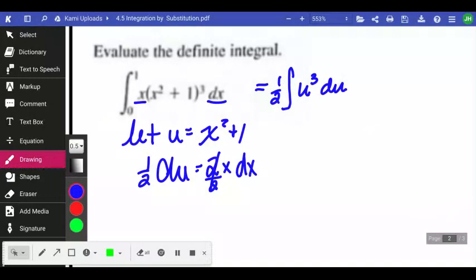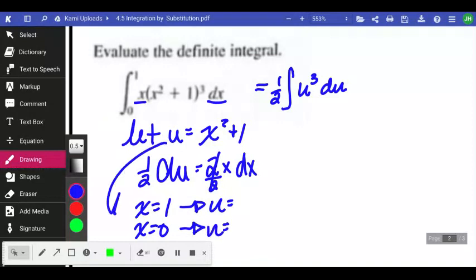Now I'm not putting my limits of integration because, again, that's mixing u's and x's. 0 and 1 are x values. So if I'm going to have an integral with just u's, I need u values to plug in. What I love about this is I have x equals 1 and x equals 0, and I can change them to be u values because I have an equation for u.